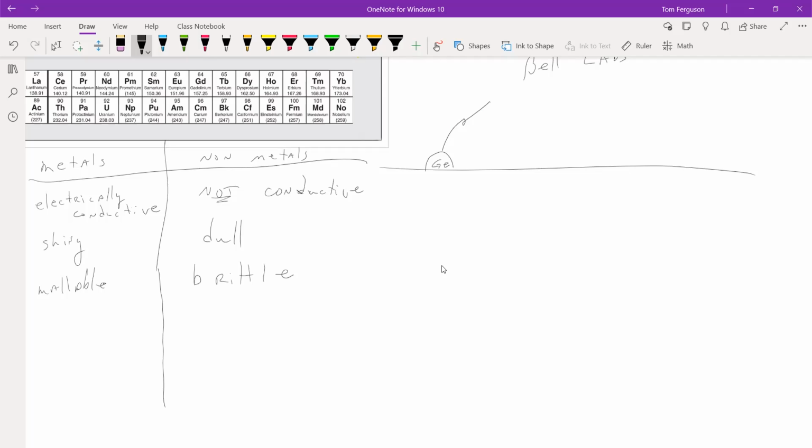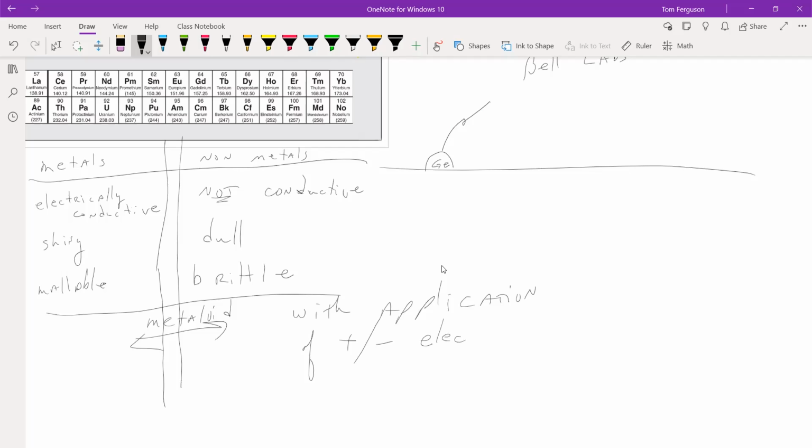Okay, so a metalloid will change. So we can convert metalloids from acting like a metal to acting like a non-metal.